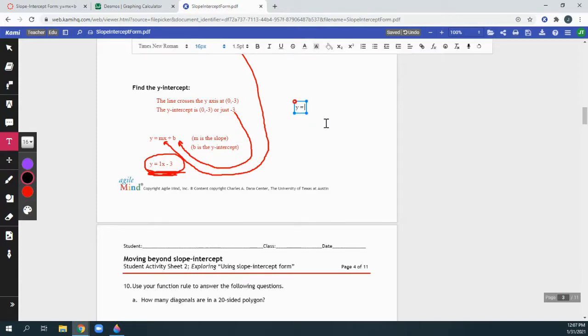Y equals mx plus b is called slope-intercept form because it describes a line using the slope and y-intercept of the line.